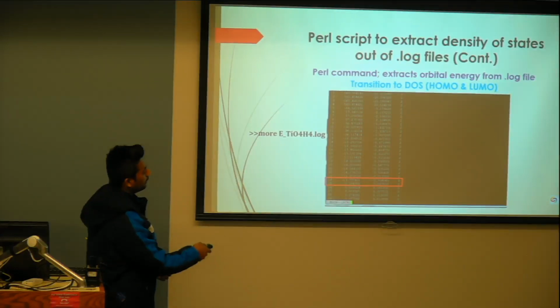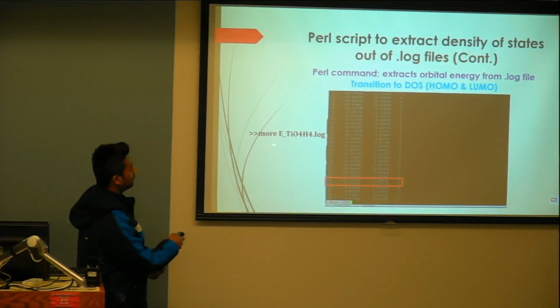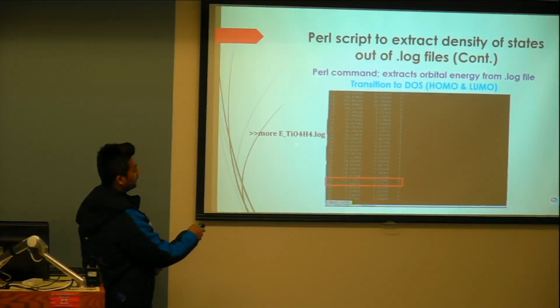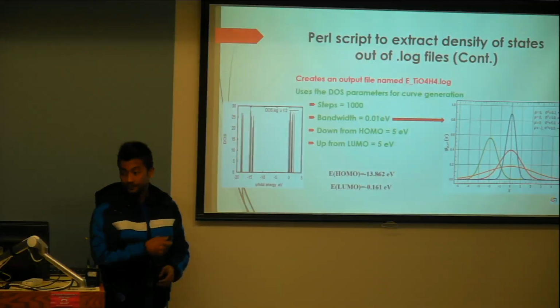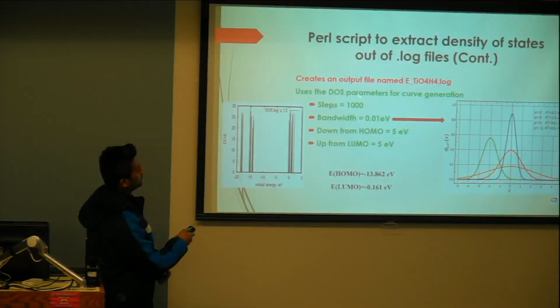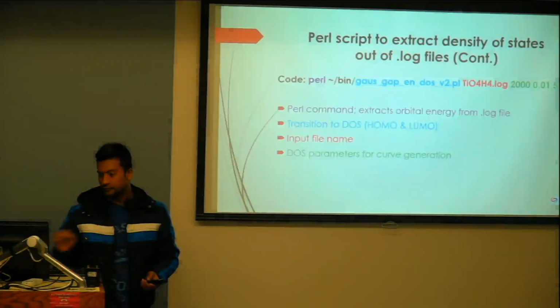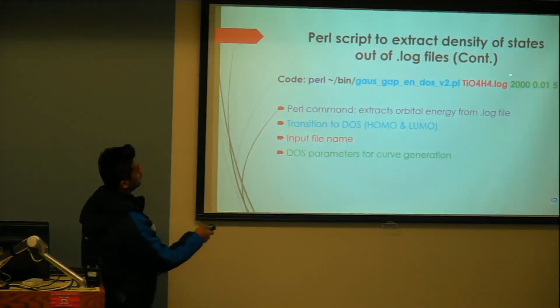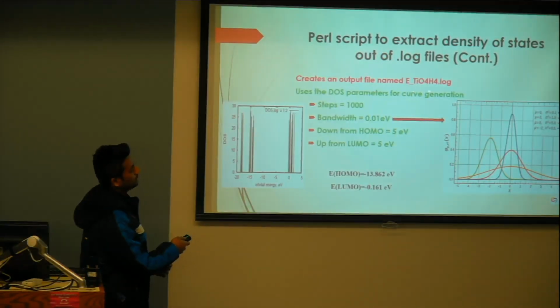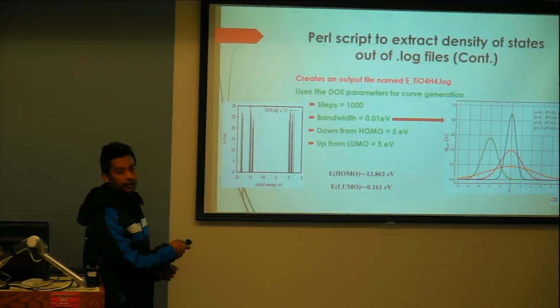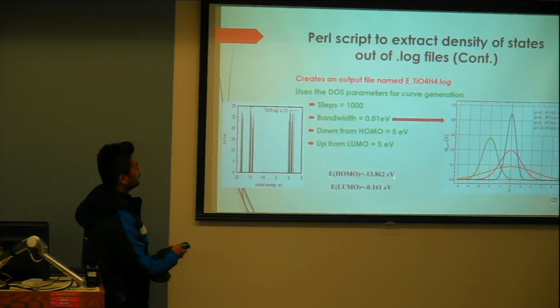And we can see, by executing the command with the file name, that it creates a file named e_ followed by the input file I gave, and these are the parameters it uses.